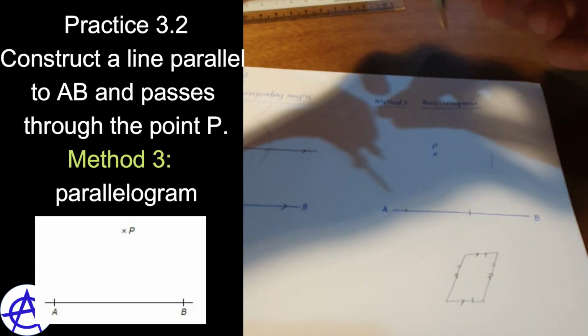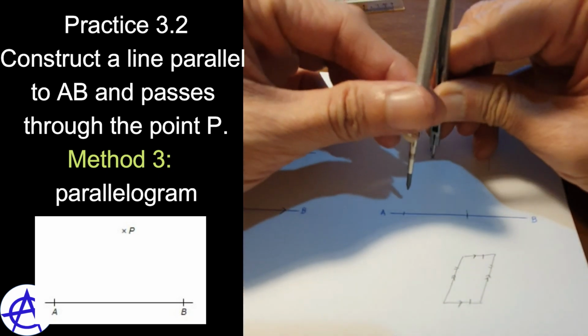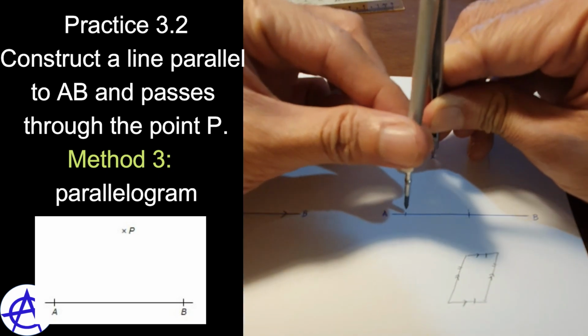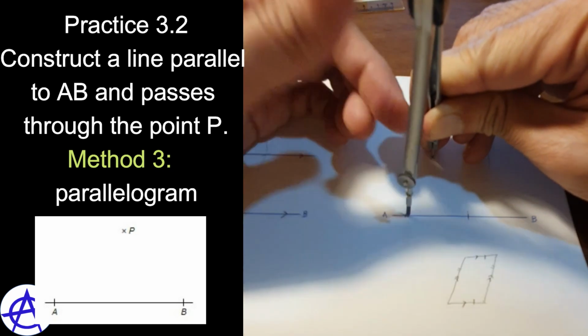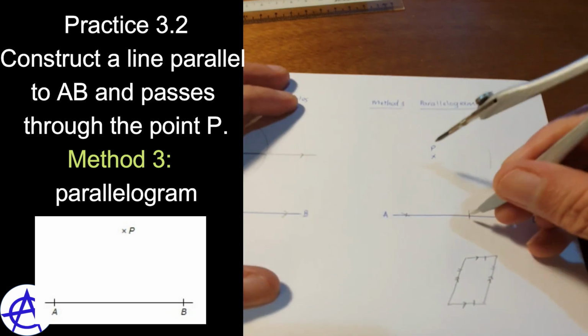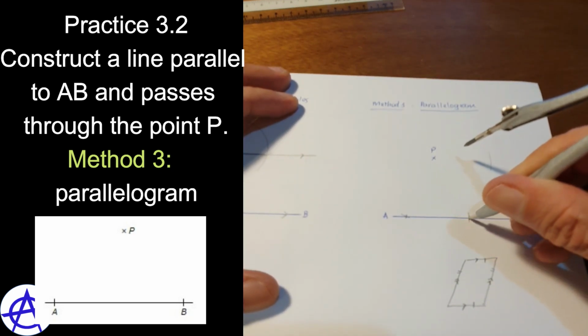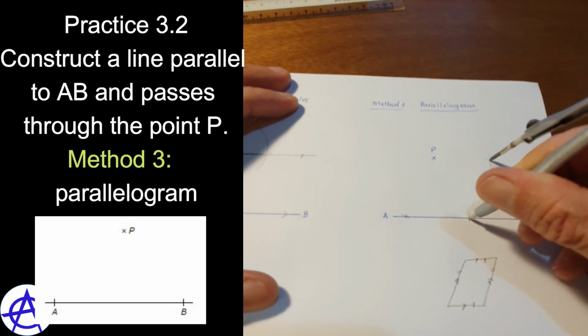Then at point P, I measure the distance of this side. This one will have the same length, so I put it here and cut the arc that I made just now.